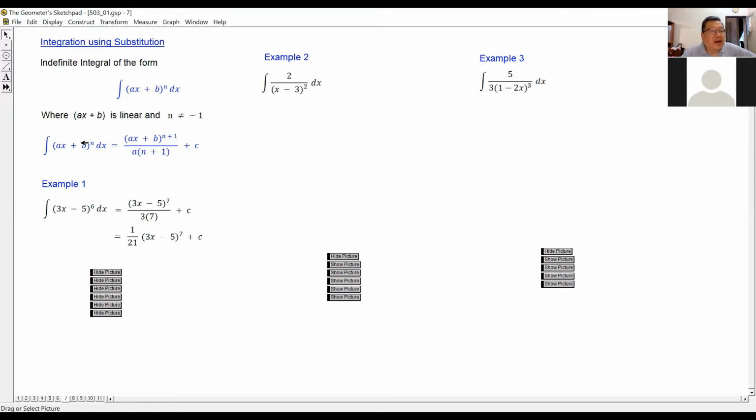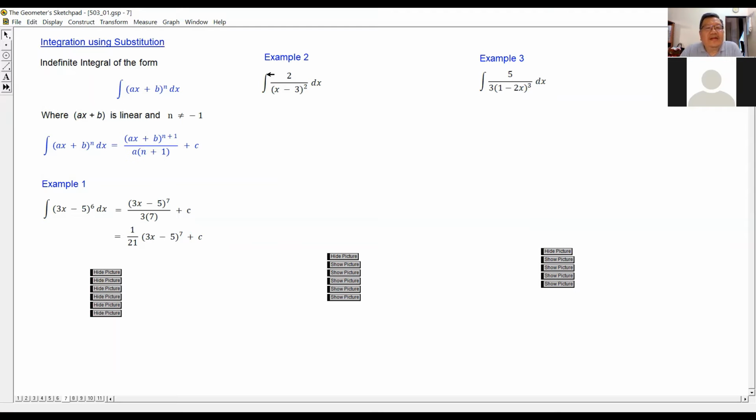Let me explain this formula, like what we have done here. For the bracket, you just copy back the thing inside the bracket, the index is increased by 1, divided by the new index, and also divided by the number in front of x.